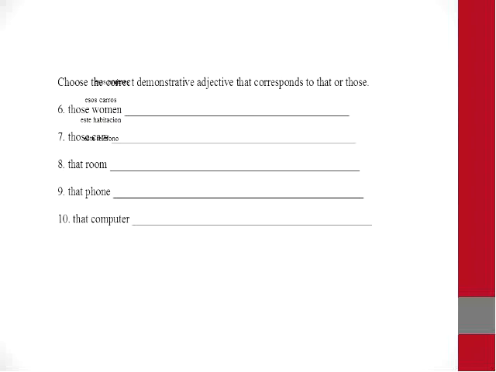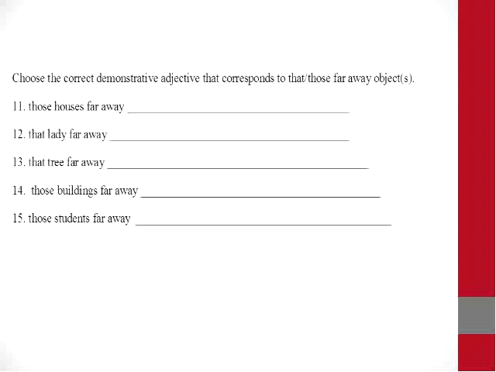Okay, let's work on that last one, and that is the one that we don't have in English, right? It's that third faraway object. Okay, so you're going to have to use either aquel, which is masculine singular, aquella, feminine singular, or the plural one, aquellos or aquellas.